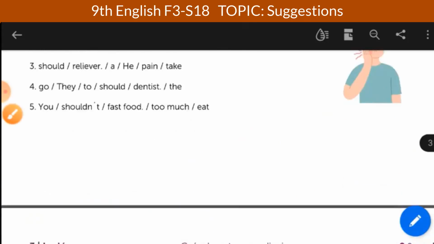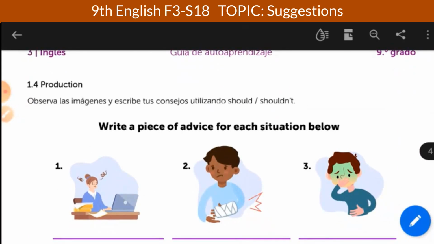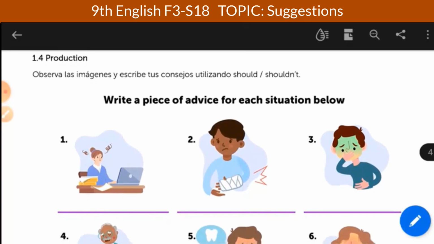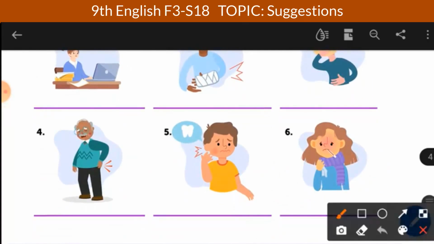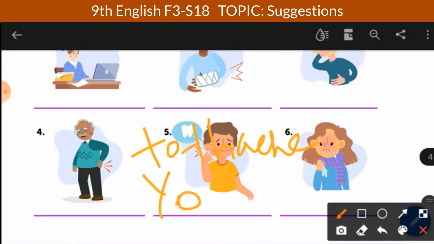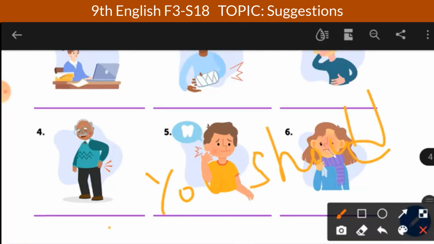Okay? Now, let's continue. Production. Observa las imágenes y escribe consejos utilizando should or shouldn't. For example, in this case, this person has a toothache, un dolor de muelas. So, you should visit the dentist, for example.